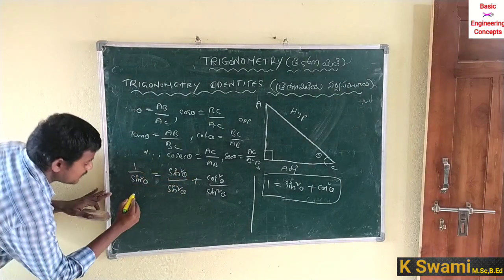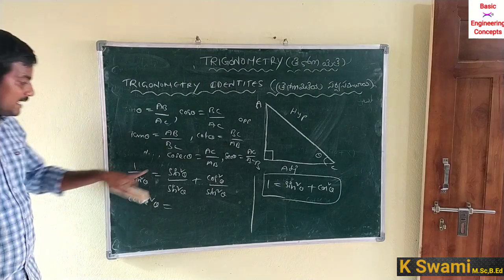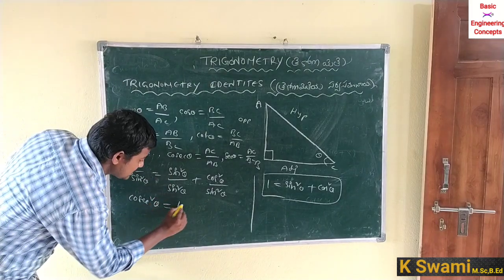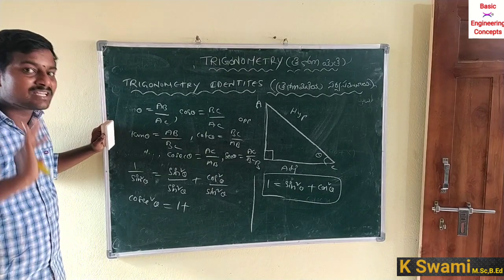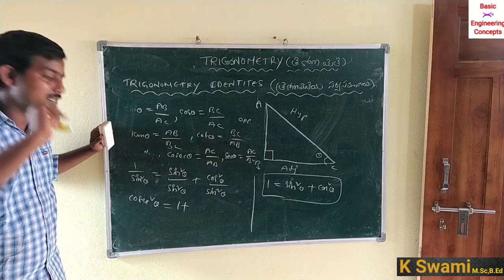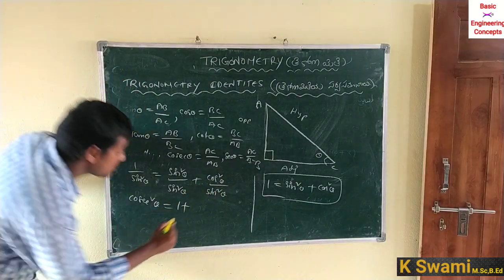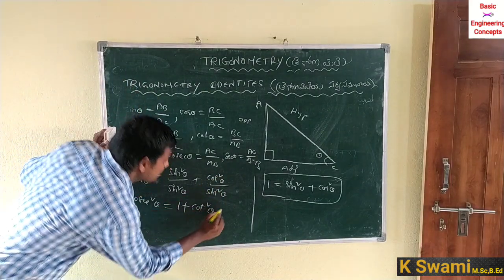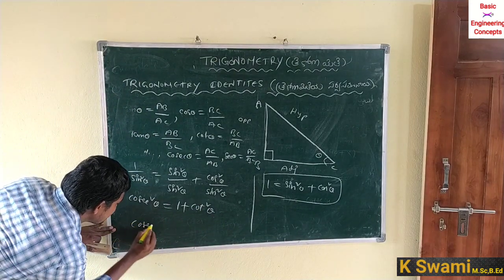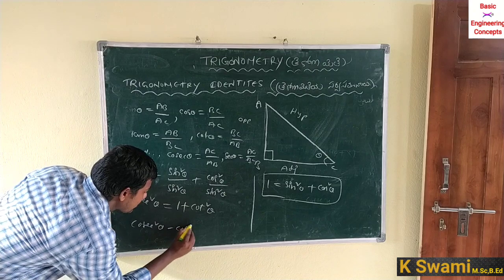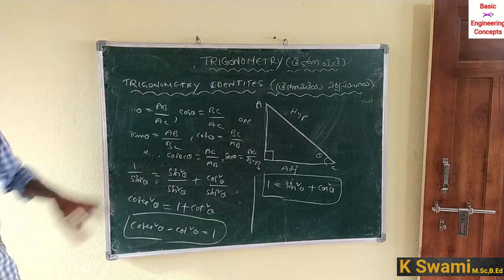Sin square theta by sin square theta is 1, and cos theta by sin theta is cot theta, so cos square theta by sin square theta is cot square theta.